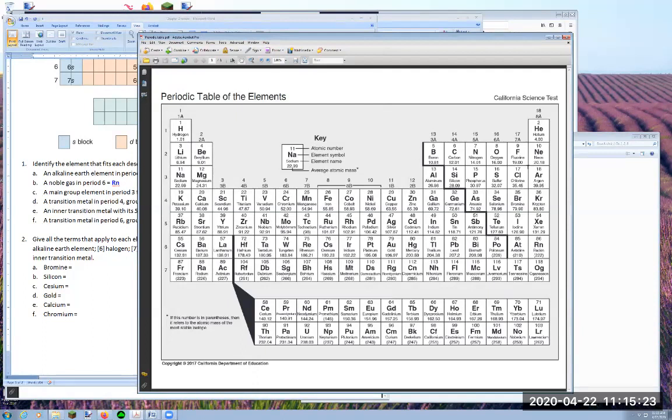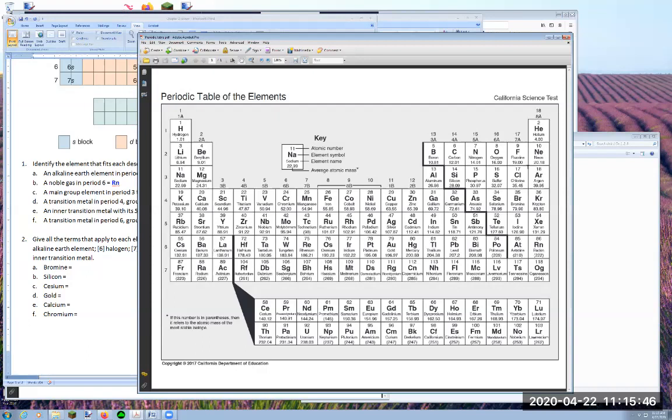So this classification between metals and non-metals uses the staircase here, the zigzag line that goes from boron to astatine. That line shows you the border between metals that are on the left side and non-metals that are on the right side.